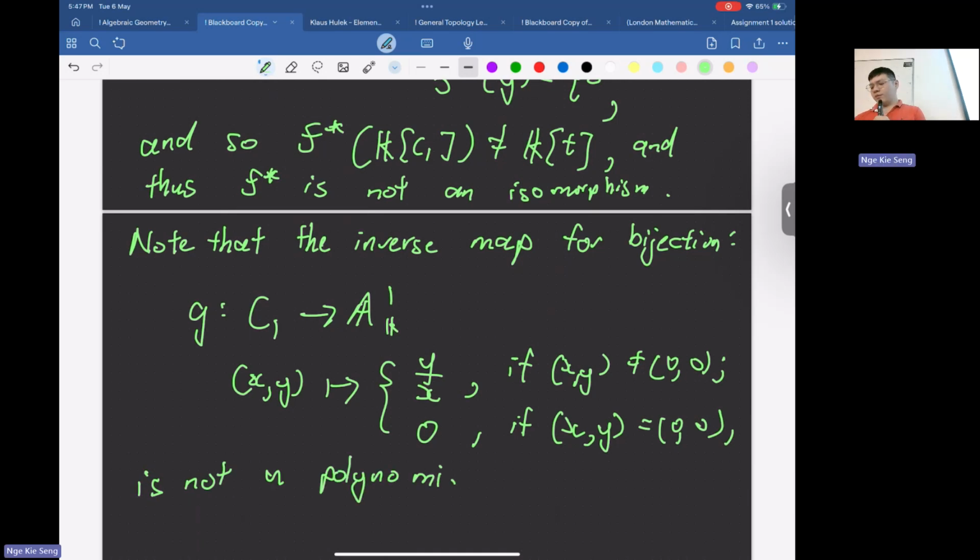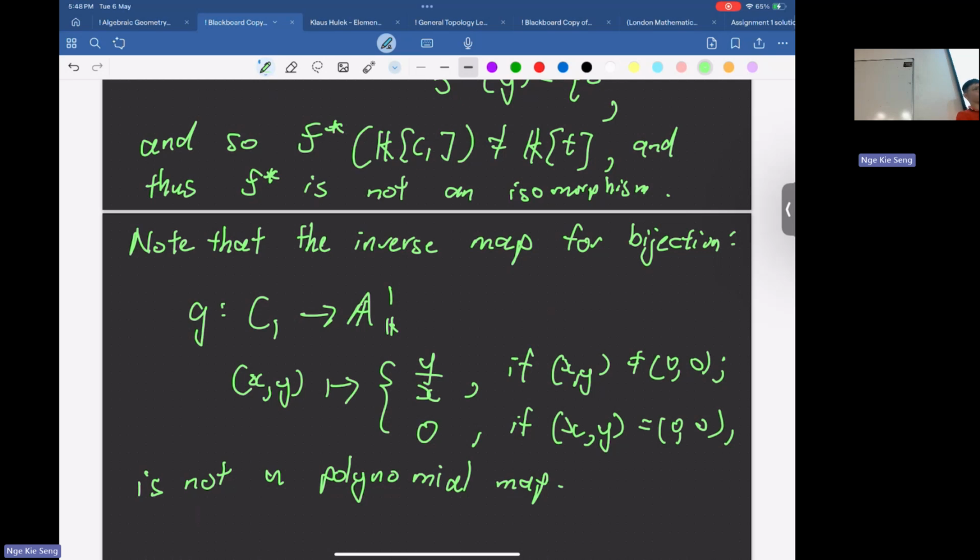Obviously, this argument is not general yet, but you should also be able to argue that if phi inverse is a polynomial map, there's some contradiction happening. So you cannot find a polynomial map. The obvious one is not a polynomial map, and then you need to argue that if the inverse is a polynomial map, there will be some contradiction happening.